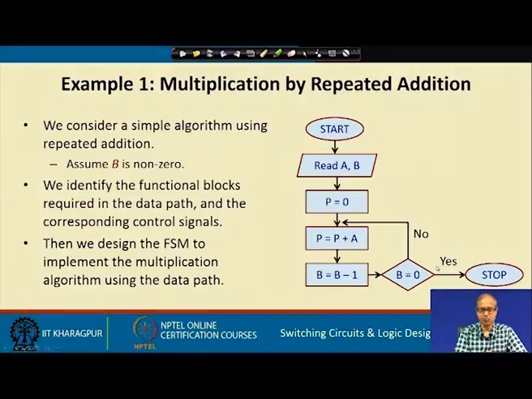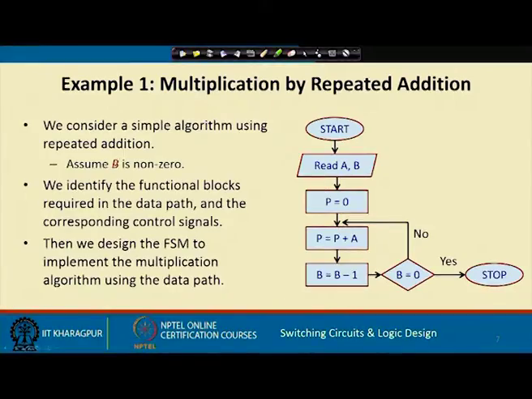So, let us take one example which is quite simple in terms of the complexity. Here we are saying that let us try to multiply two numbers by repeated addition. So, what do you mean by this? Suppose I want to multiply 6 by 5, 6 into 5. So, a simple approach is I can add 6 to itself 5 times, 6 plus 6 plus 6 plus 6 plus 6.